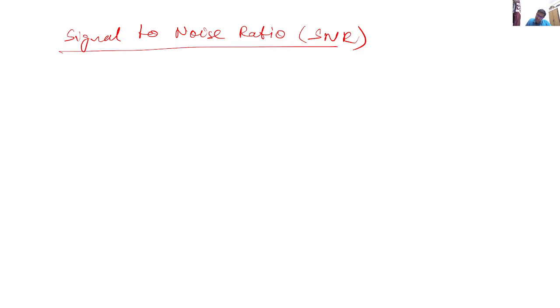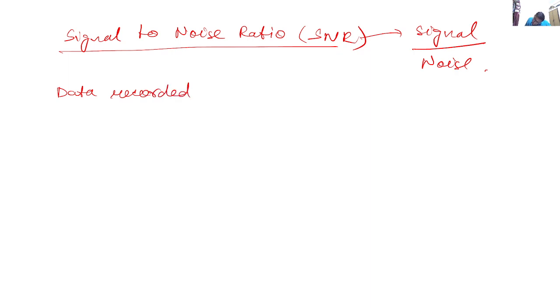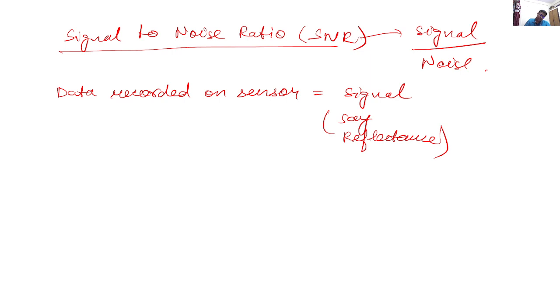So let's see, the signal to noise ratio, or in general written as SNR. The name itself states that it is the ratio between signal to noise. So data recorded on the sensor has some signal. Let us say that is the reflectance or the radiance, and it also has some noise.